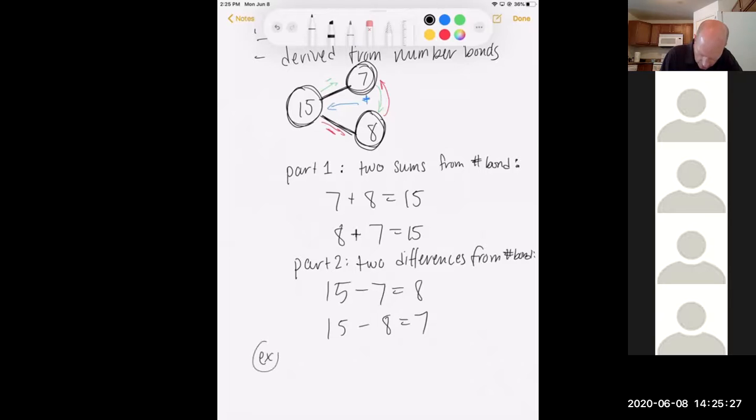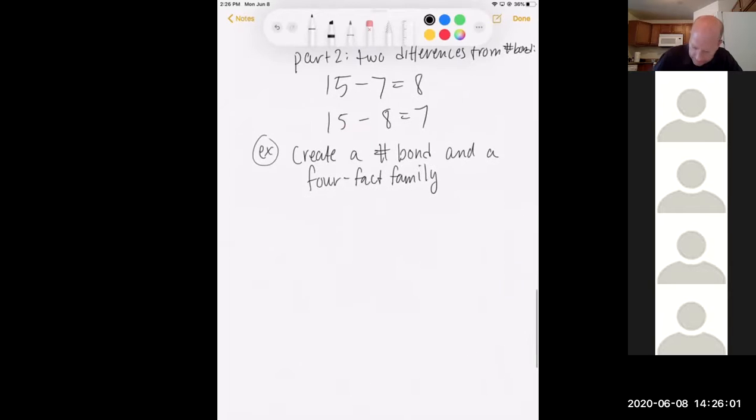Okay, as another example, I would like you guys to create a number bond first, and a 4 fact family relating to the number 13.